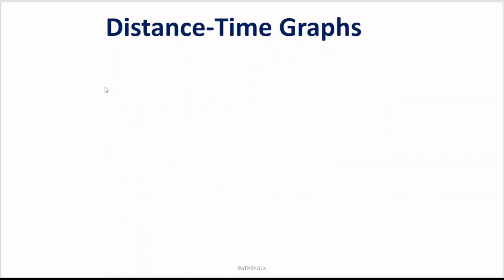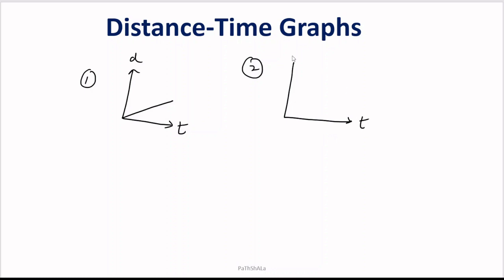So let's draw different kinds of distance-time graphs. Let's take the first one. This is our time axis and this is our distance axis. If the object is moving with a constant speed, this is our constant speed graph. Second, if the object is stationary, a straight line.